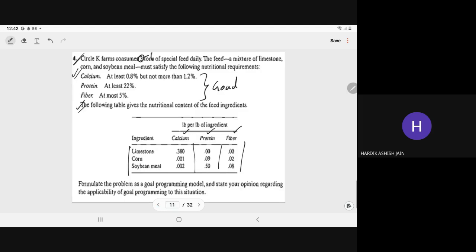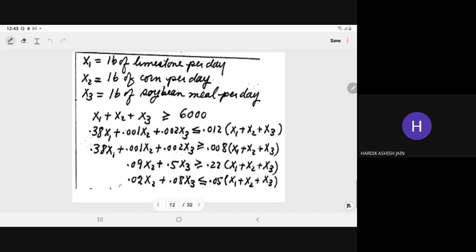Let's say this is 6, because we have the solution of this problem also with 6. So x1 plus x2 plus x3, the total consumption of the feed, must be 6 tons, at least 6 tons. So x1 plus x2 plus x3 greater than or equal to 600.